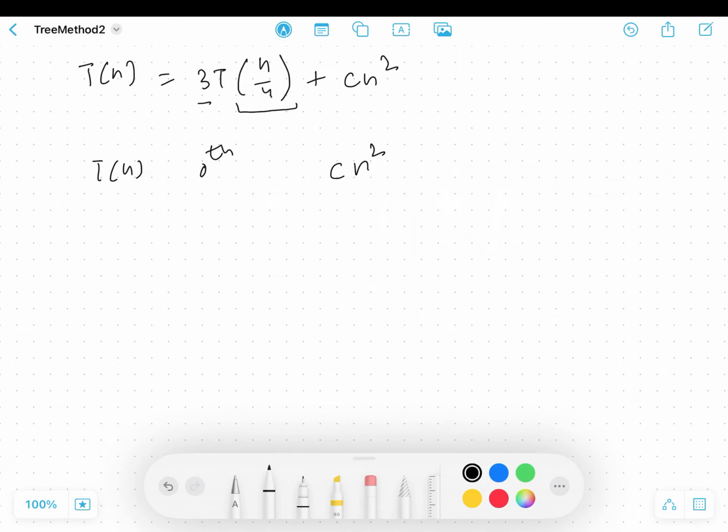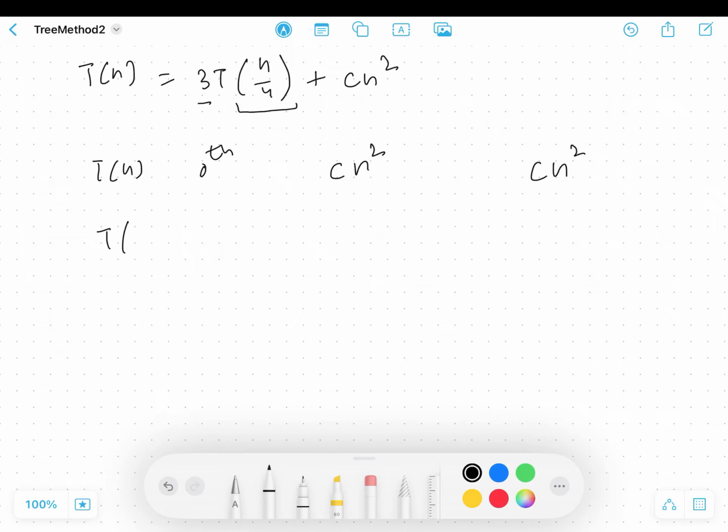We are going to take the non-recursive part, as I mentioned in previous two examples, and the sum is going to be this, right? Okay, let's do the next level. So the next level is going to be n upon 4.